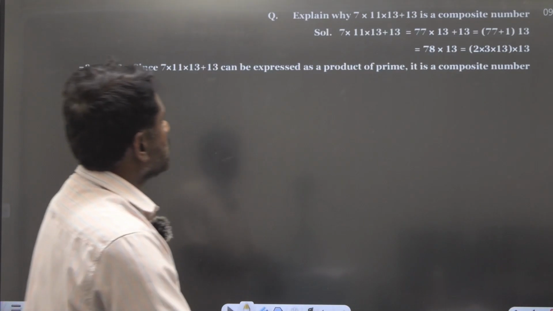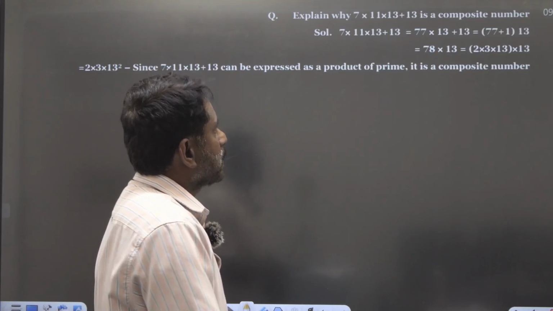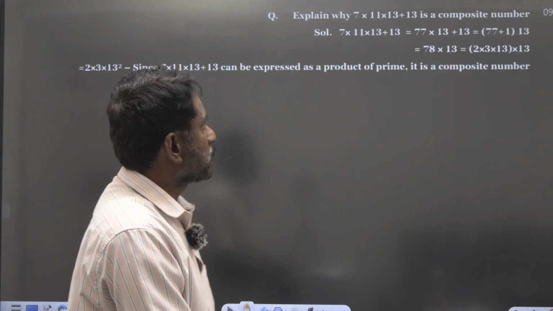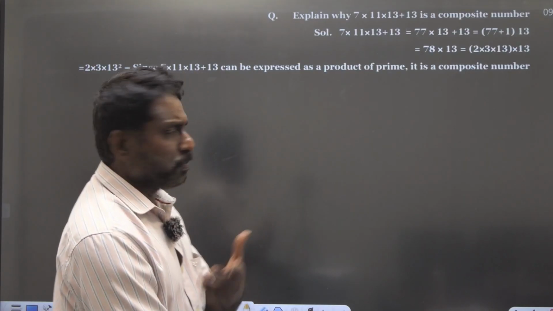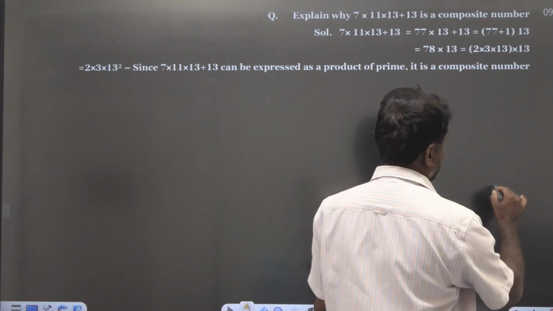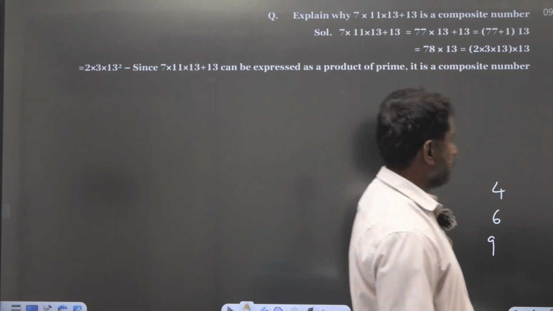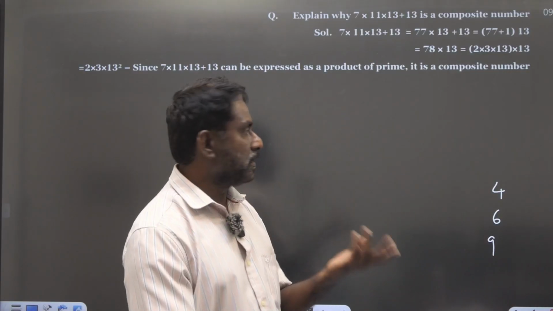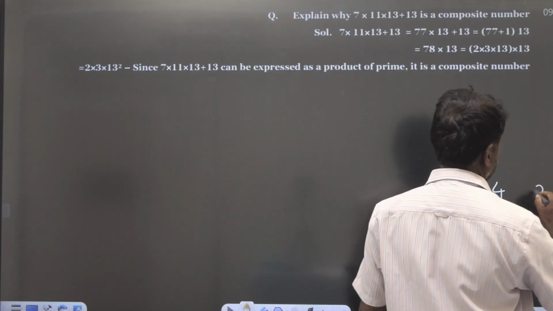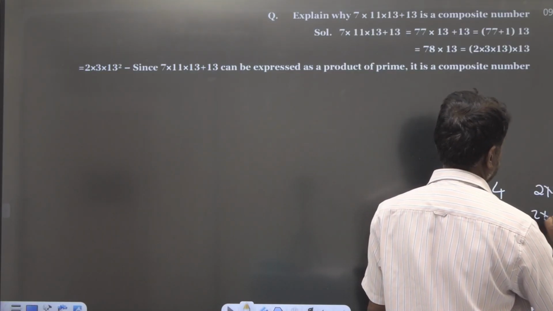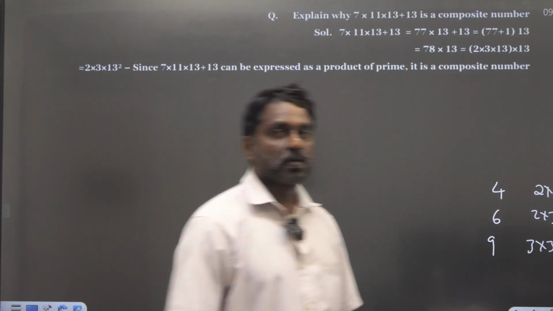Explain why 7 into 11 into 13 plus 13 is a composite number. It is also a previous question. What do you mean by a composite number? Composite numbers: 4 is a composite number, 6 is a composite number, 9 is a composite number. We can factorize them into other prime factors. That is, 4 can be 2 into 2, 6 can be 2 into 3, 9 can be 3 into 3, etc. These are called composite numbers.